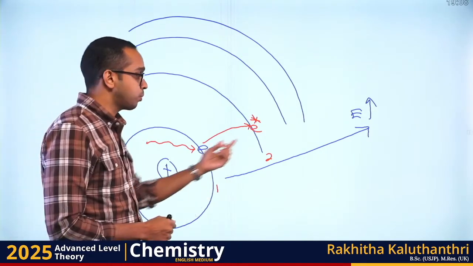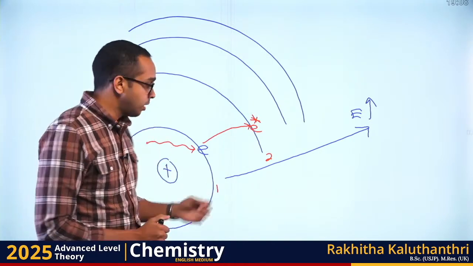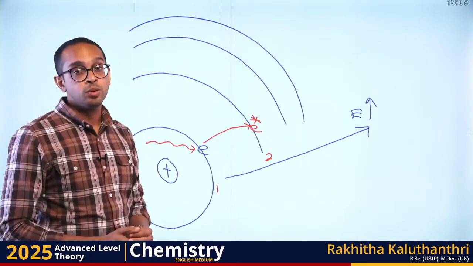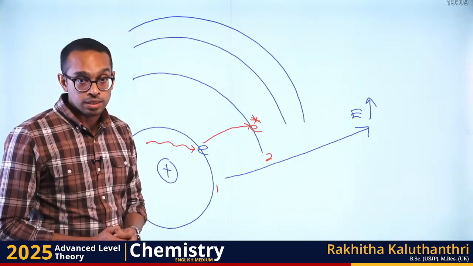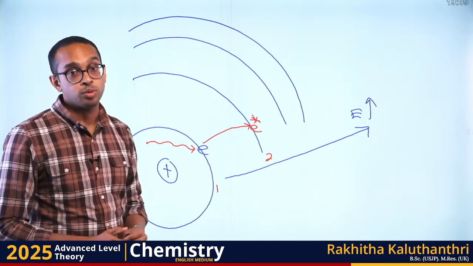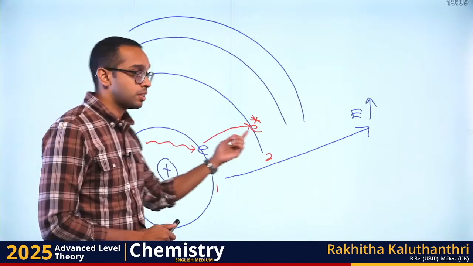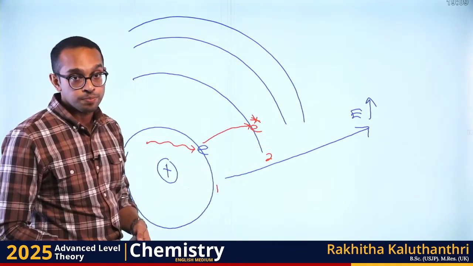If this electron absorbs 15 kilojoules of energy only, it will be able to move on to the second energy level. It can't absorb any less, and it can't absorb more, and move on to the second energy level. It can absorb exactly 15 kilojoules of energy and move on to the second energy level.